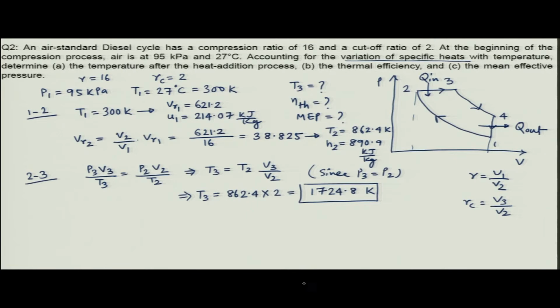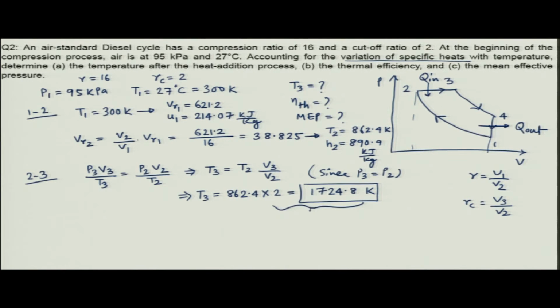Next we have to calculate the thermal efficiency, but for that we need to get the temperature at 4 also. Basically we need to find the heat transferred, like Q in and Q out. Before moving to the next step in the cycle, for this T3 I can find H3 and VR3.